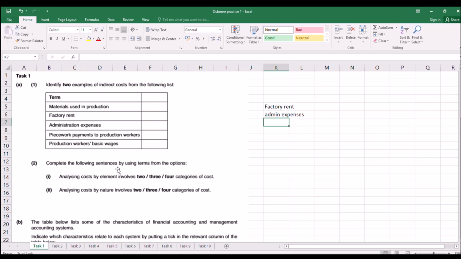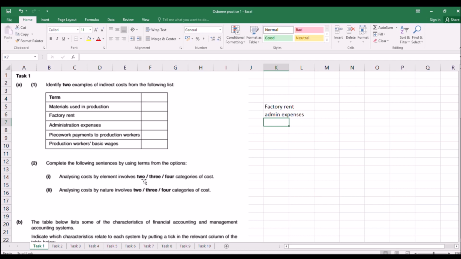Right, complete the following sentences using the drop-down options. Analysing cost by element involves 2, 3 or 4 categories of cost. Analysing cost by nature involves 2, 3 or 4.